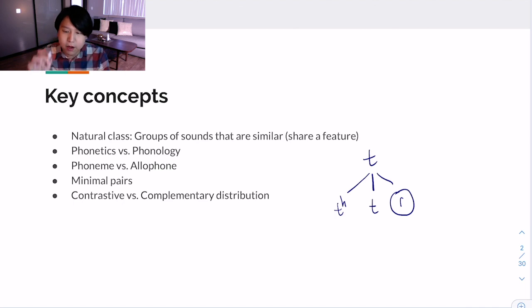It's called the flapping rule of T in English. So these are allophones that exist in English. It's a phonetic realization of a single phoneme T in our mind.